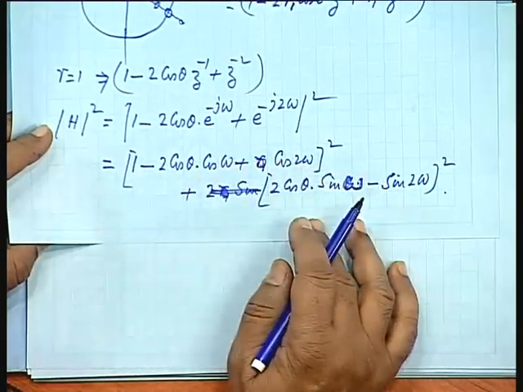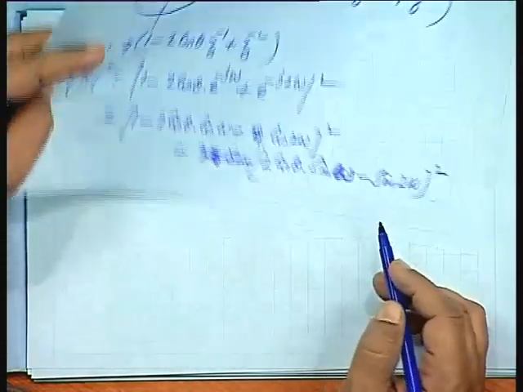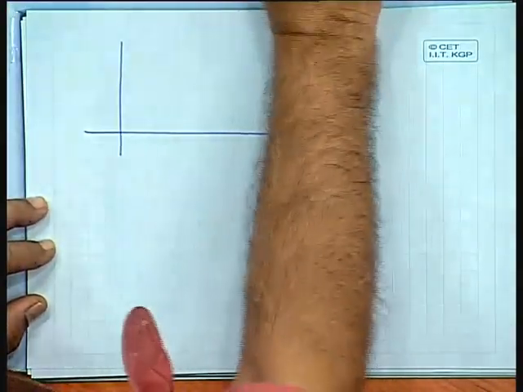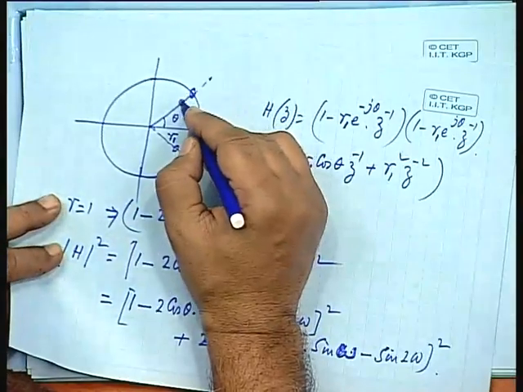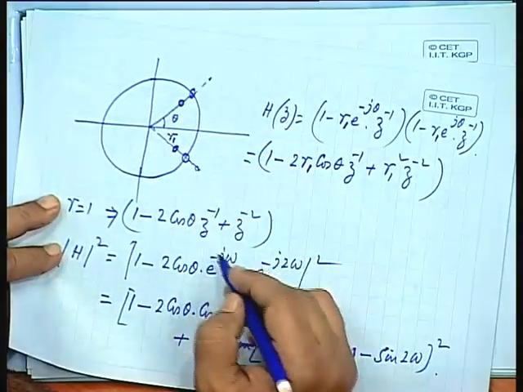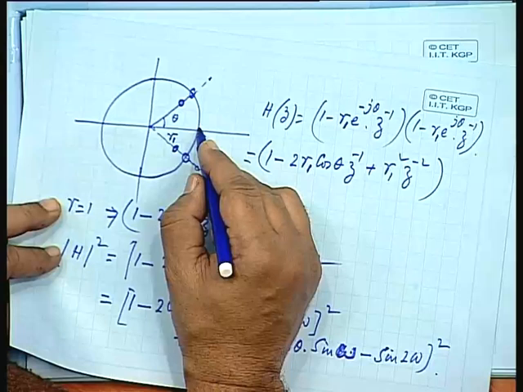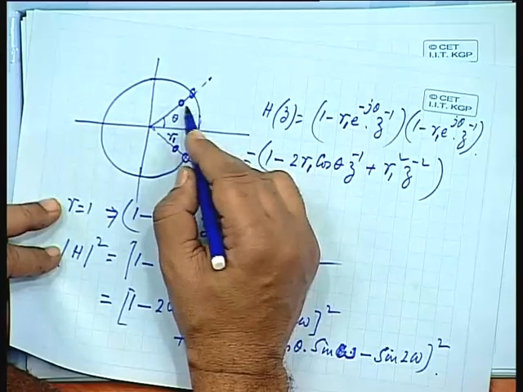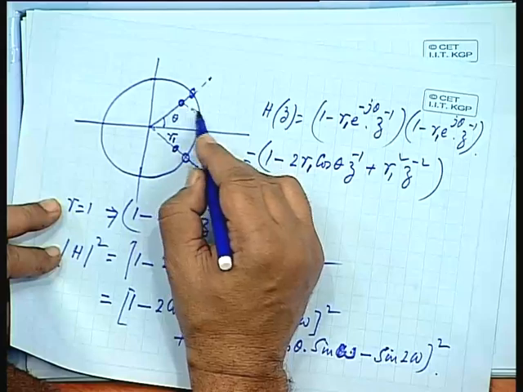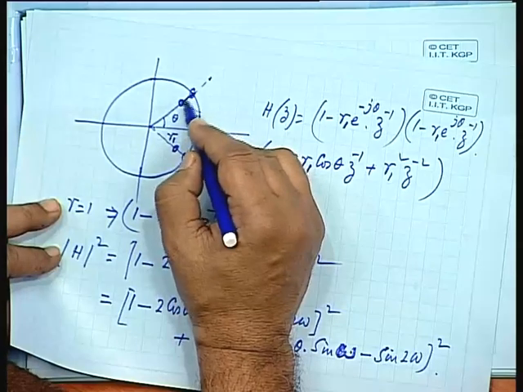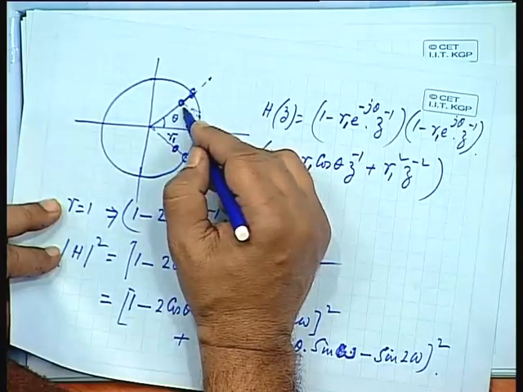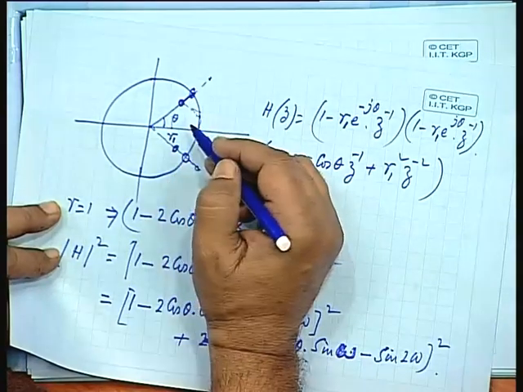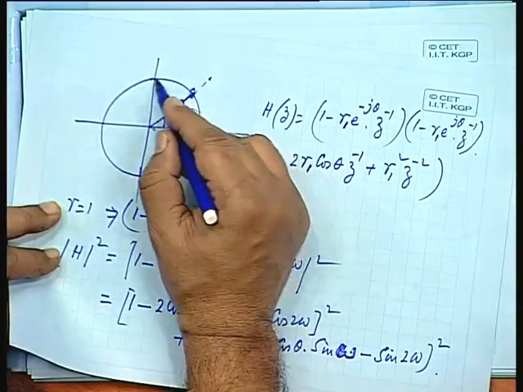If you simplify this and then put different values of omega, you will find here you have got the zeros, you are varying omega like this. Now, at this point one of the factors is becoming very small, minimum, somewhere around theta you will find this value is minimum, again it starts increasing.